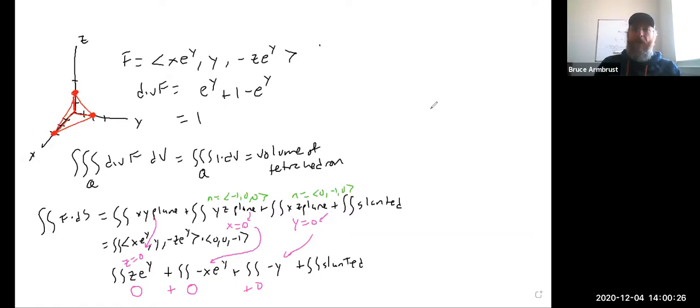Okay, so let's think about where we are now. We've gotten ourselves to a point where we see the triple integral gave us the volume of the tetrahedron.